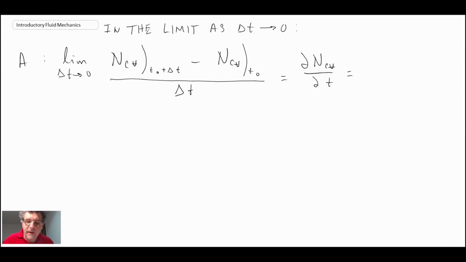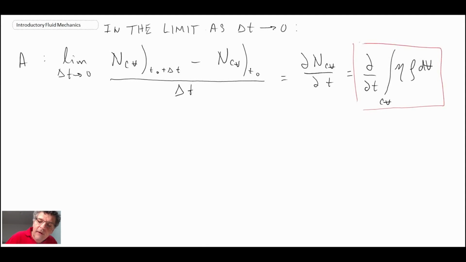So that's just the time rate of change of the property n in the control volume, which we can also express as an integral over the control volume of our intensive property times rho dV in order to get the mass. So that takes care of A. We have A figured out.